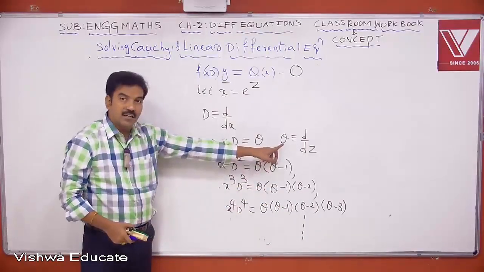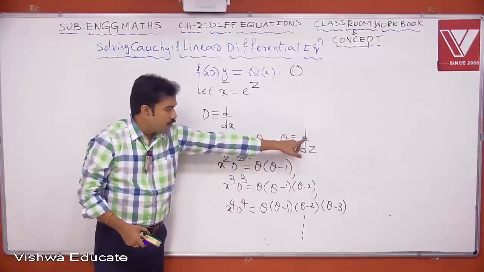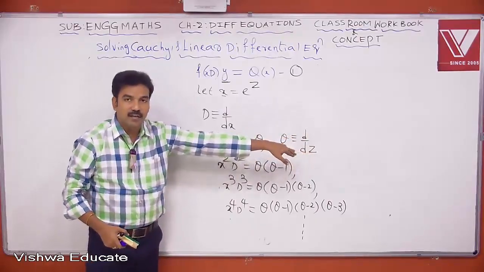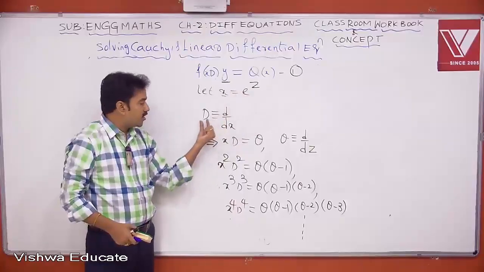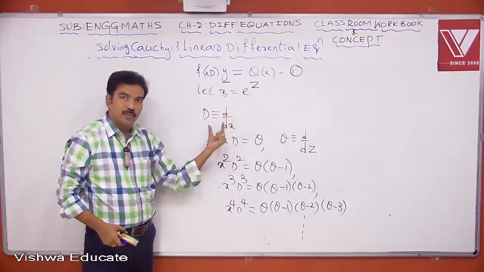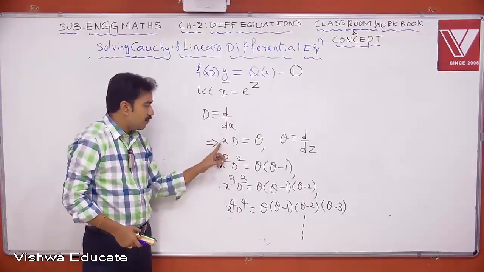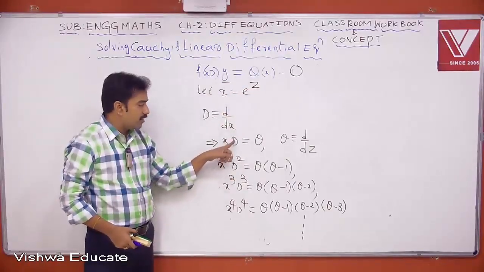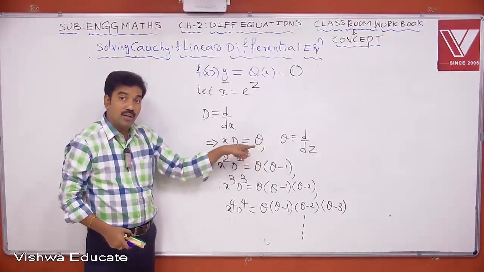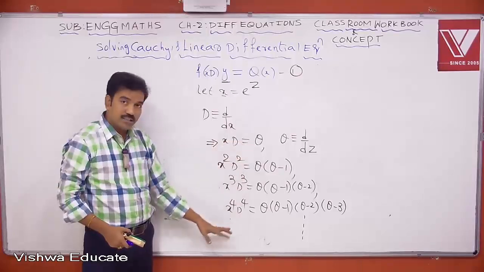Now what is theta? Theta is a differential operator with respect to the new independent variable z, because x is converted to the new independent variable z. Therefore, I must convert d into a differential operator which I call theta. Got it?